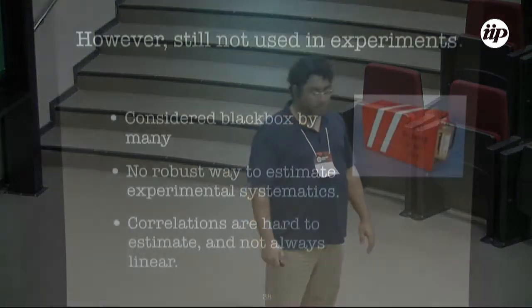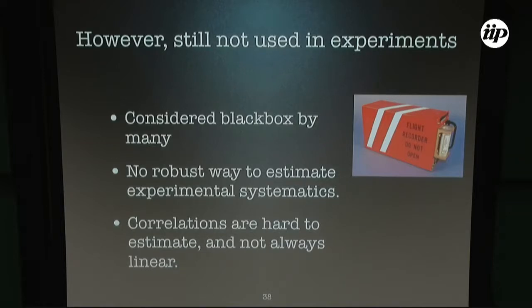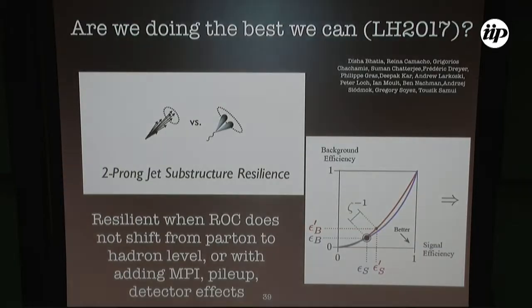We try to vary the energy scale and the mass scale of the subjets, but we can't do that when you are throwing the kitchen sink at the machine learning algorithms. And also, a priori, we assume the correlations are linear, but they don't have to be. So that's another issue we need to understand before we use these things.